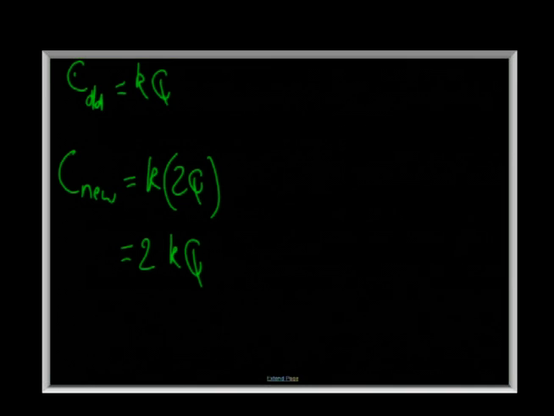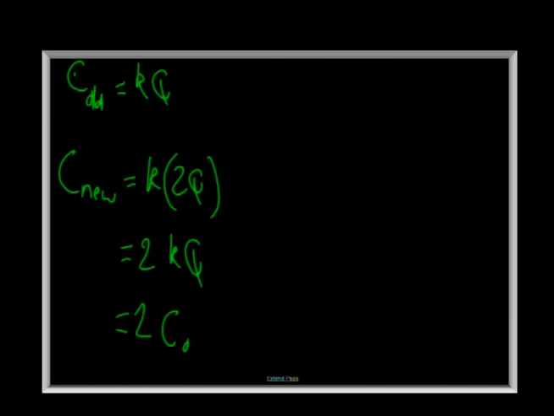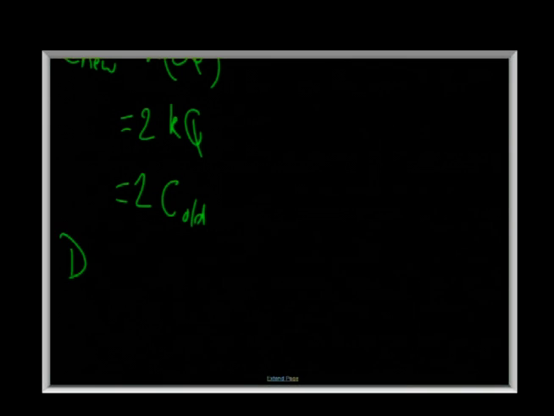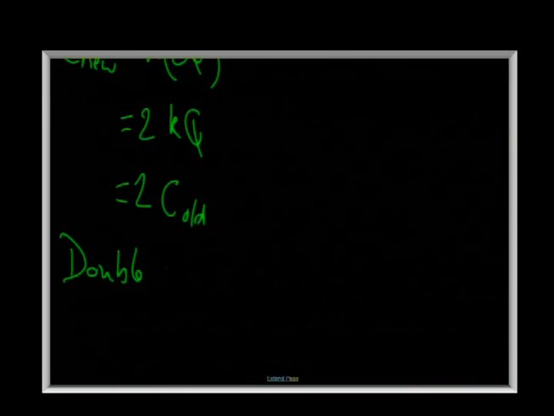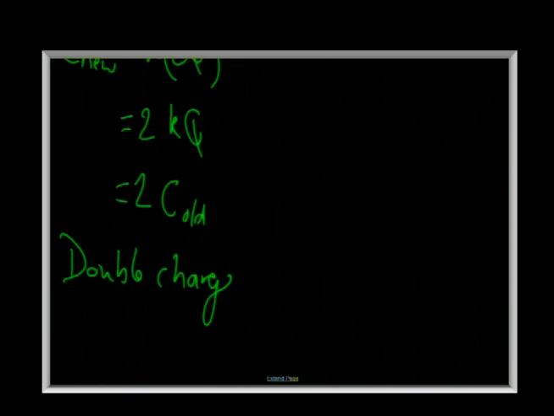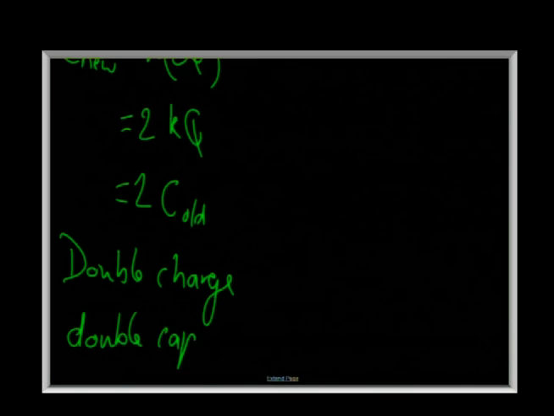KQ was the old C. So the new C has to be 2 times the old value. So it's 2 times what you had at the beginning. So we know that by doubling the charge, you double the capacitance.